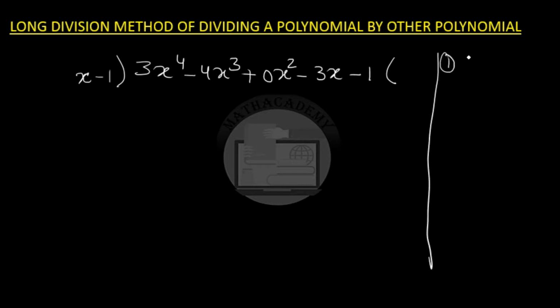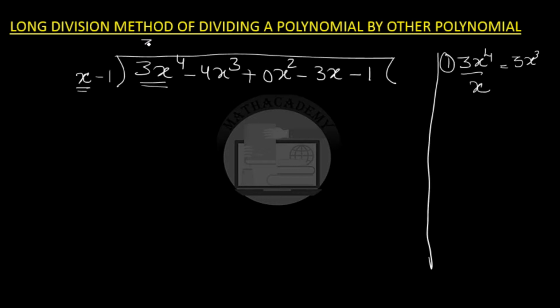The first step is to take the first term of the dividend, 3x to the power 4, and divide it by the first term of the divisor. So we get 3x cube. So we have to multiply x minus 1 by 3x cube, which becomes the first term of the quotient. So 3x cube into x gives you 3x to the power 4, and 3x cube into negative 1 gives you negative 3x cube.